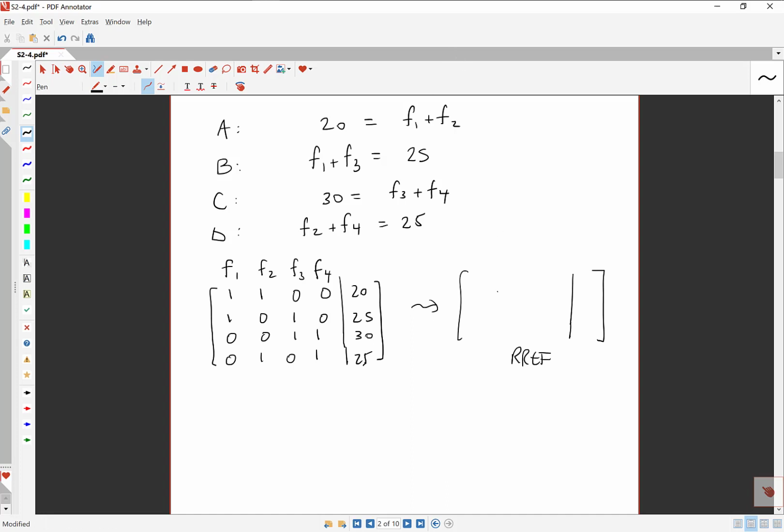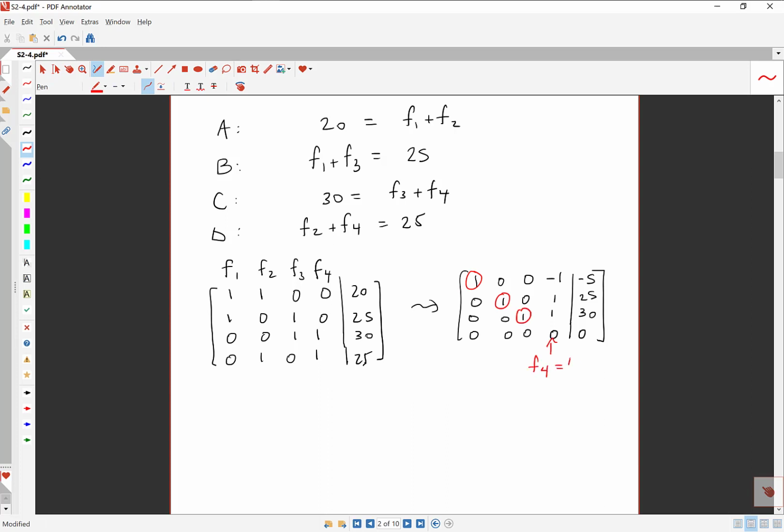So if you like, you can check that the RREF comes out as follows. And let's go about solving this. So we'll just circle the first non-zero entry in each row. You can see that the last column is going to get a parameter.